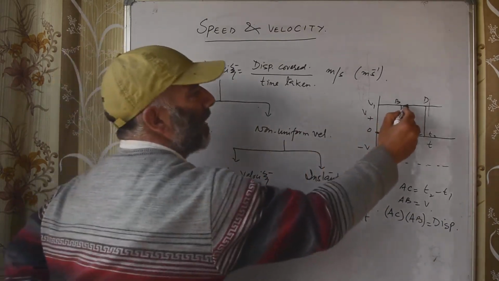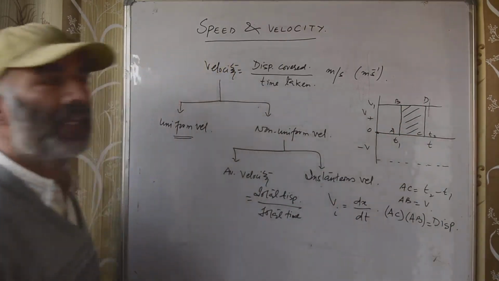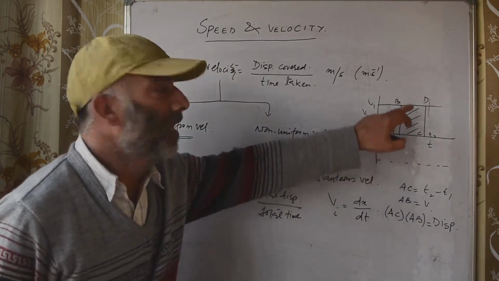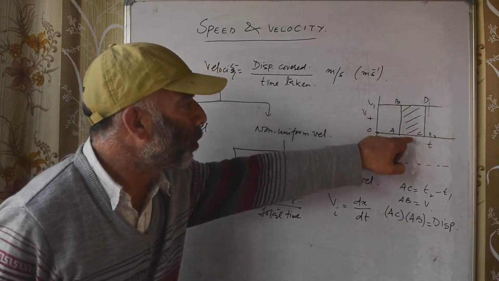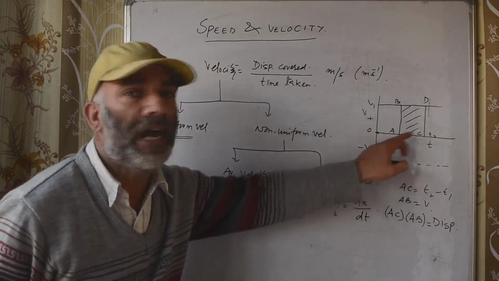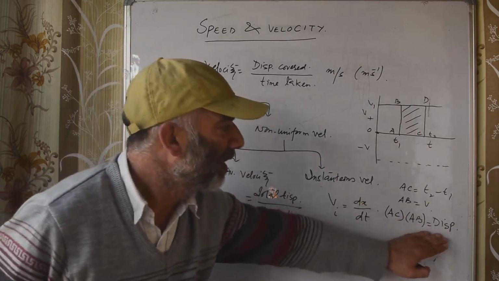Displacement is equal to the area of the velocity time graph, or the area of the shaded portion will give us the displacement between these two intervals of time. So remember, area of velocity time graph gives us displacement.